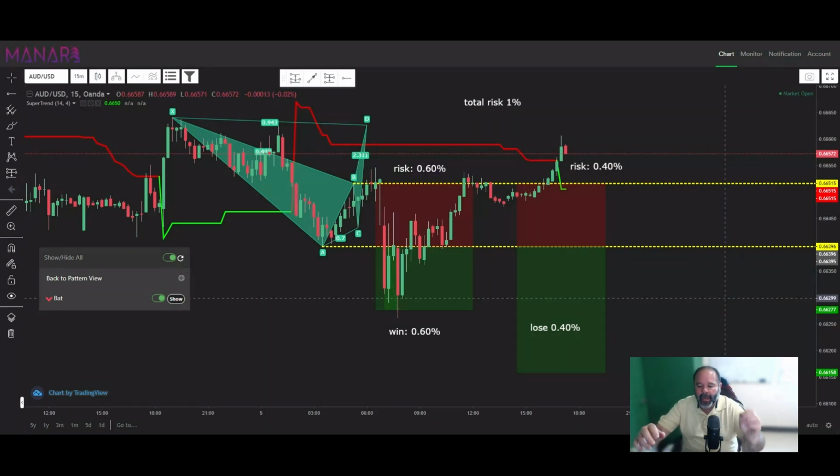You just want the market to hit your TP1, and you know that once it hits TP1, you are safe. There's no way in the world that you're going to lose that trade. Even on the second trade, if you lose it, the whole 1% risk, the whole setup, you're not going to lose money. Okay? Tell me in the chat room if this makes sense.